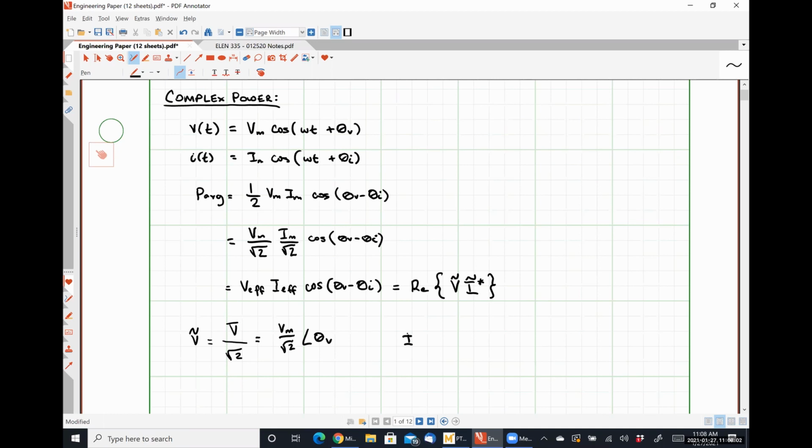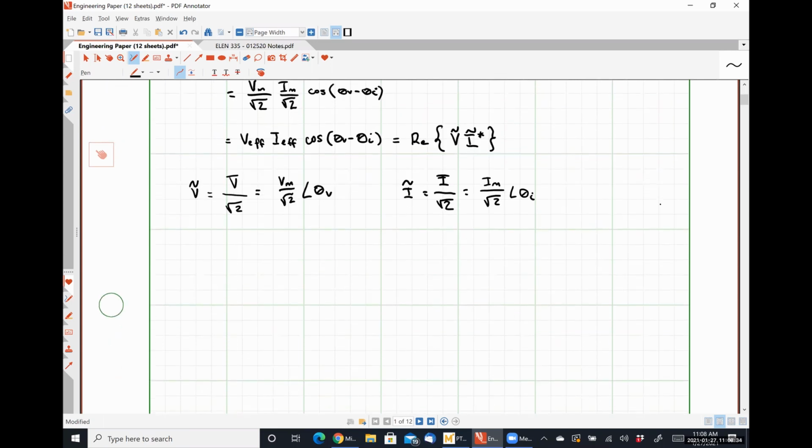And similarly, I as an RMS phasor will simply be the regular phasor current divided by the square root of 2, which is Im over root 2 angle theta I. So we're able to carry all of that information for our average power in by simply multiplying two quantities that are based on simple phasor relationships that we've dealt with before.